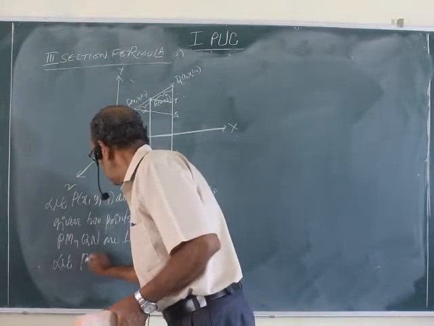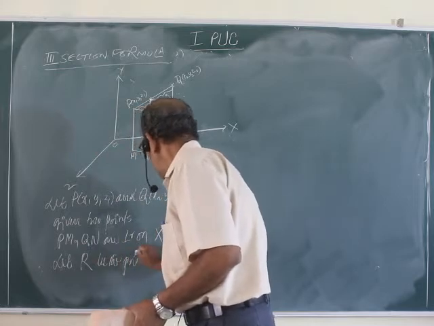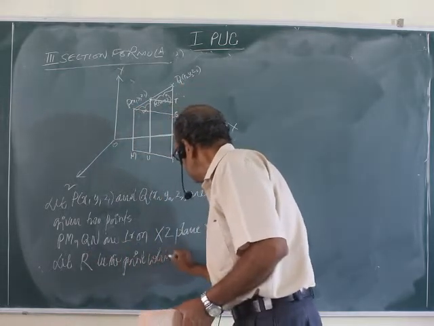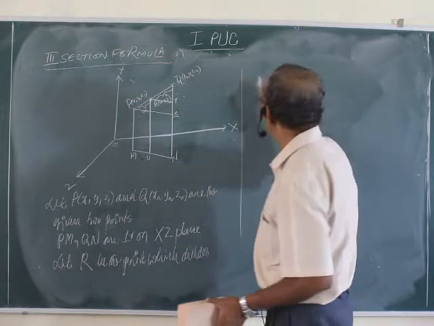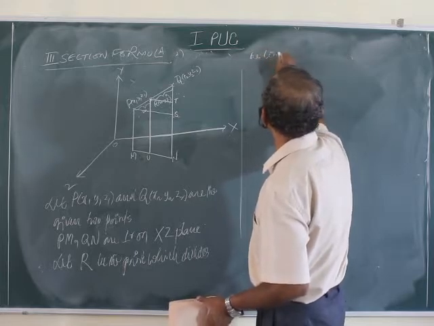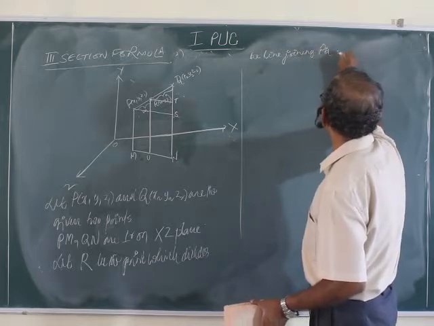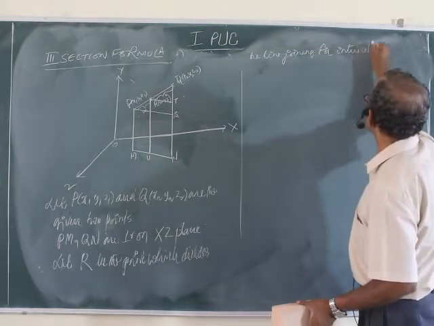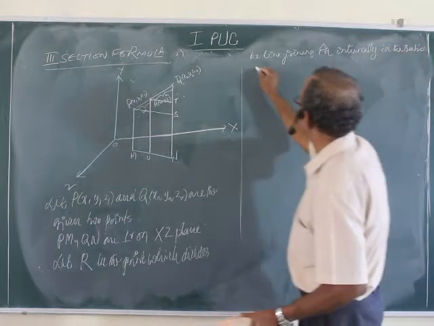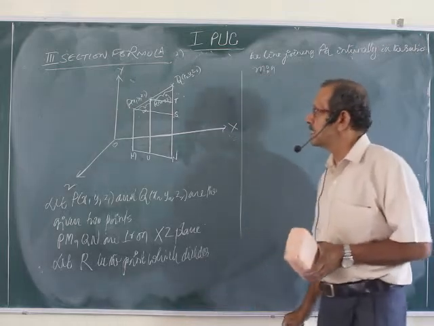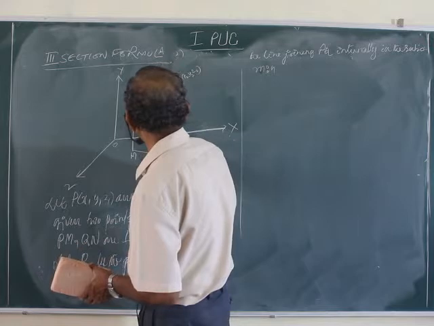Let R be the point which divides the line joining PQ internally in the ratio m:n. Internally in the ratio m:n. M and n clearly show in the figure.